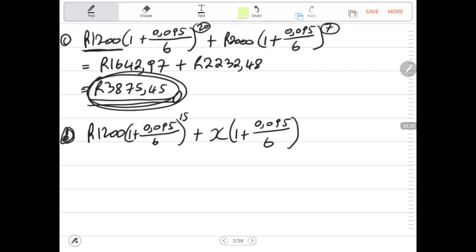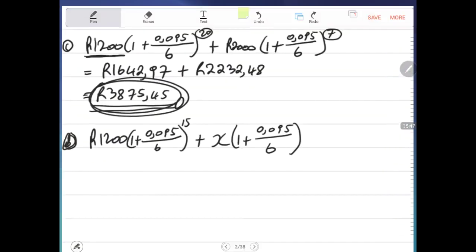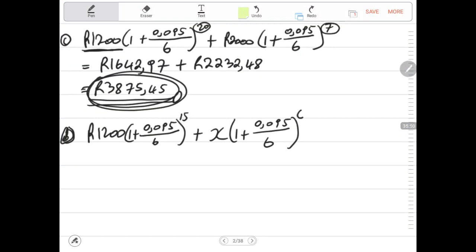How frequently will the X amount of money be earning interest? It will be invested over a period of how many months? We said 12, so it will be 6 times that interest will be earned. Then this will be 5,000 rands at the end.